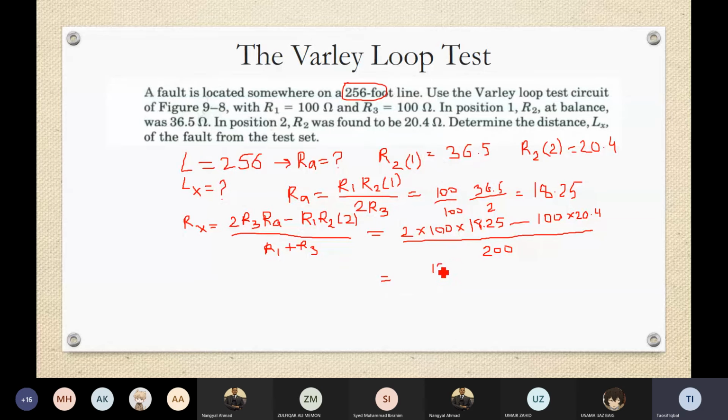In the first term, we can divide 200 by 200, so we'll be left with 18.25, and minus 100 divided by 200 is half, so we have 10.2. So the distance is 8.05 ohms.